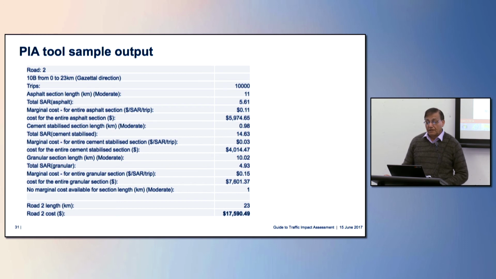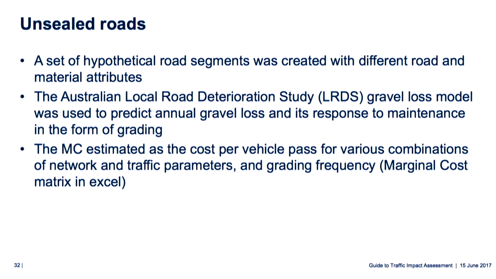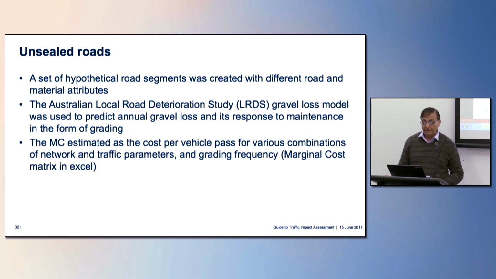Okay, that was a very brief rundown in terms of the sealed road, how the model is used and how the calculation is done. There has been a fair bit of detailed study and analysis, the model development for the sealed roads, whereas for the unsealed roads, we don't have that detailed tool.